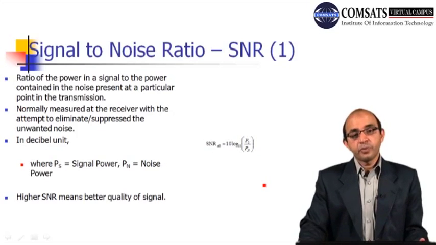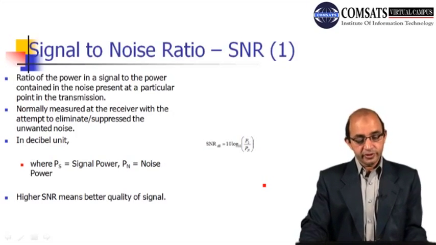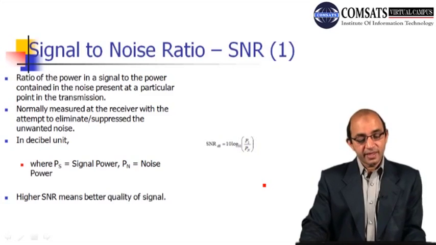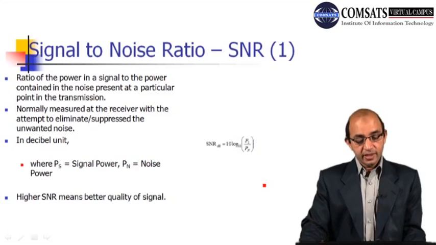One of the important things when we talk about data communication is the signal to noise ratio. It is the ratio of the power in a signal to the power contained in the noise present at a particular point in the transmission.